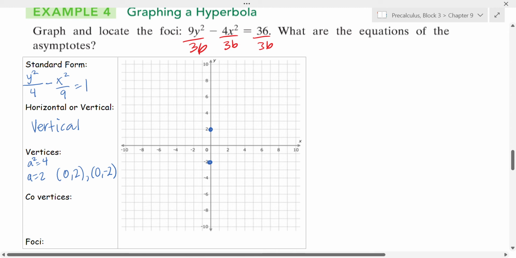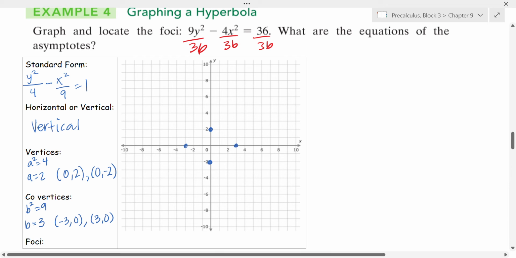So there's 2 and negative 2. And we have our co-vertices, which we get from b. So b squared is 9. That means b is 3. And so our co-vertices are 3 units away from the center along the x-axis. So (-3, 0) and (3, 0). Graph those.